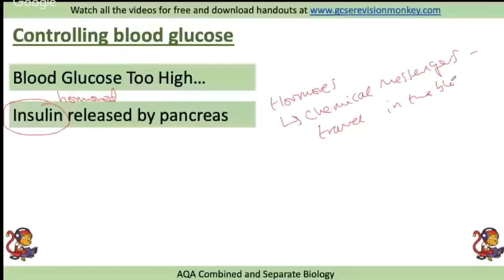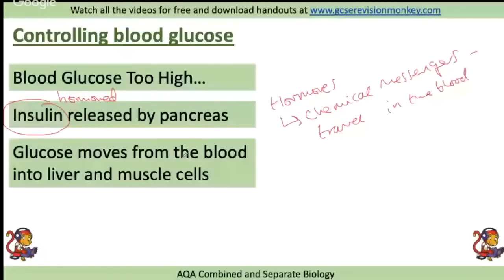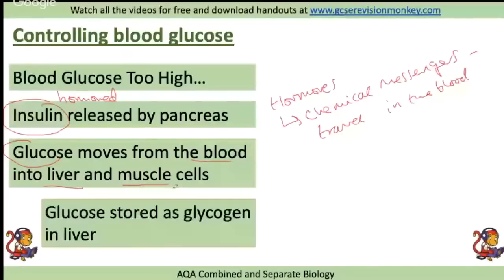When insulin is released by the pancreas, that causes excess glucose in your blood to move from the blood into your liver and your muscle cells. So it takes it out of the blood for you, and there it is stored as glycogen, because glucose is soluble, so you can't store anything just as glucose. You have to convert it into a larger molecule like glycogen, which happens in the liver and the muscle cells.